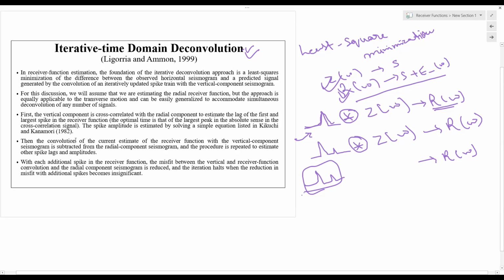Then the convolution of the current estimate of the receiver function with the vertical component seismogram is subtracted from the radial component seismogram, and the procedure is repeated to estimate other spike lags and amplitudes. With each additional spike in the receiver function, the misfit between the convolution of the vertical and receiver function and the radial component seismogram is reduced, and the iteration halts when the reduction in misfit with additional spikes becomes insignificant.